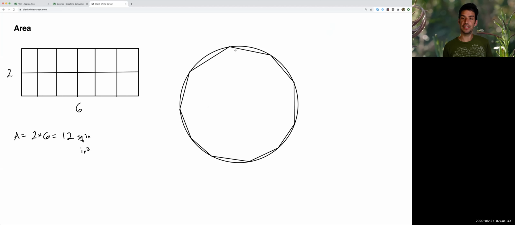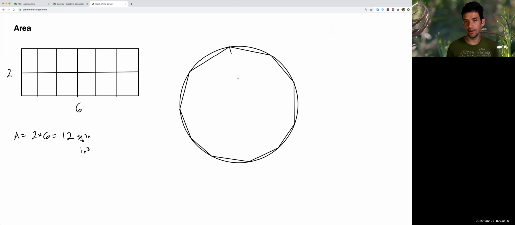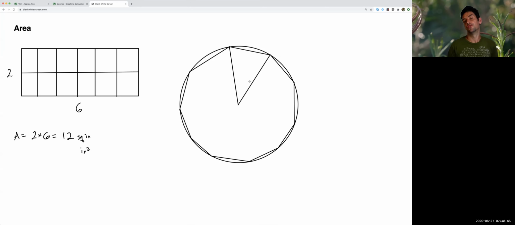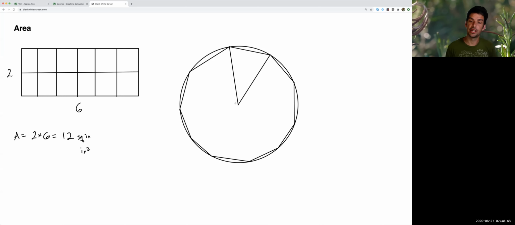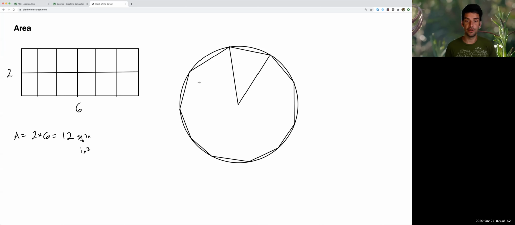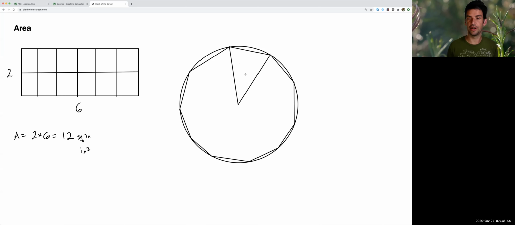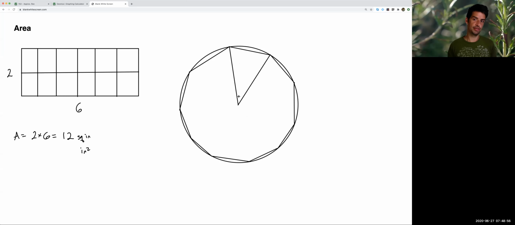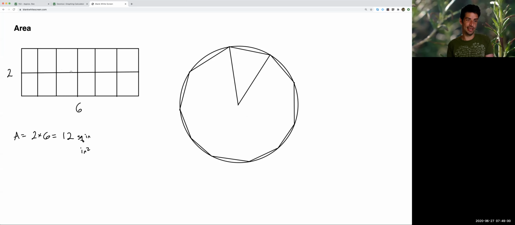And then you could figure out the area of this polygon, because we can use triangles. I'm not going to draw all of them in. It would make this drawing very difficult to look at. But there's all these triangles. You can figure out the area of these triangles. You can use some trigonometry there. And area of triangles is similar to areas of rectangles.